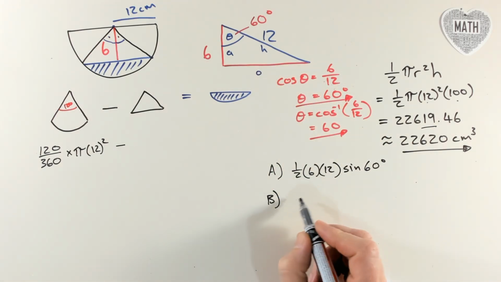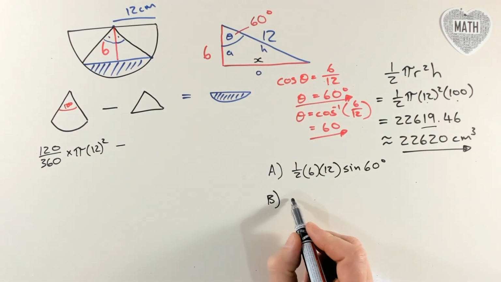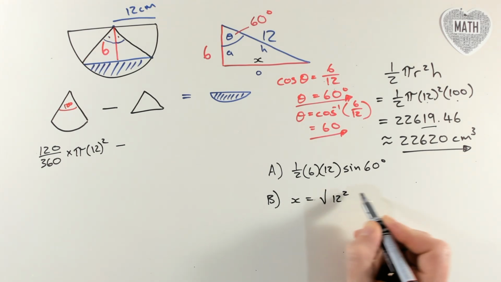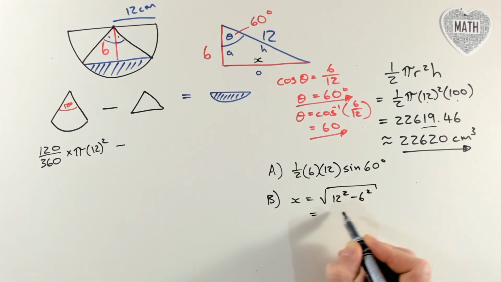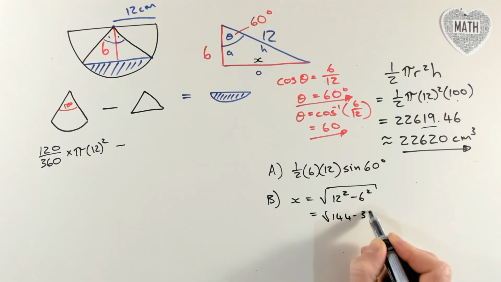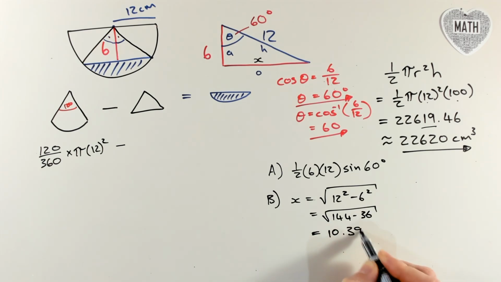You would go about and say, well, let's just make that x. So my x length there is going to be the square root of 12 squared minus 6 squared. And that would be 144 minus 36. And eventually that'll be 10.3923 if you work it out on your calculator.